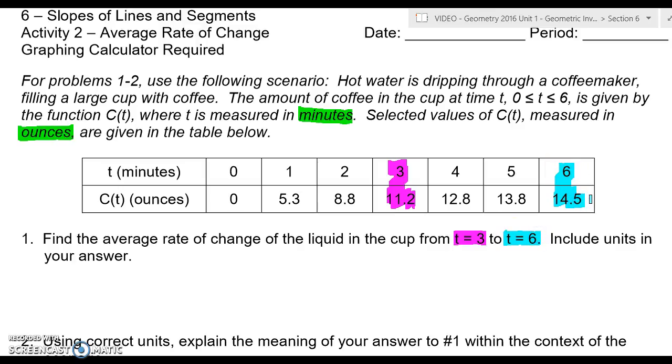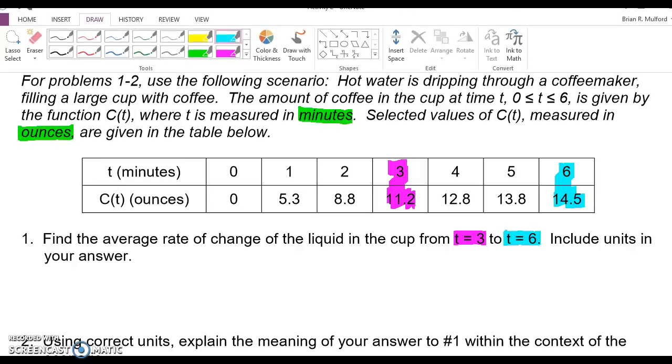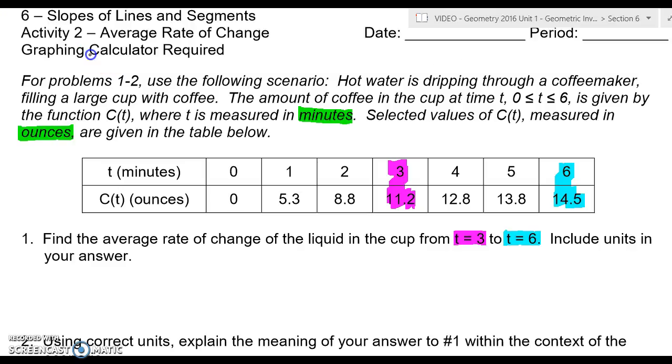Basically what we want to do is find out what's the slope between those values. So to do this, I'm going to find the change in my outputs. These are my outputs here, c of t, which is the amount of coffee in the cup at the time. And then t is our input.